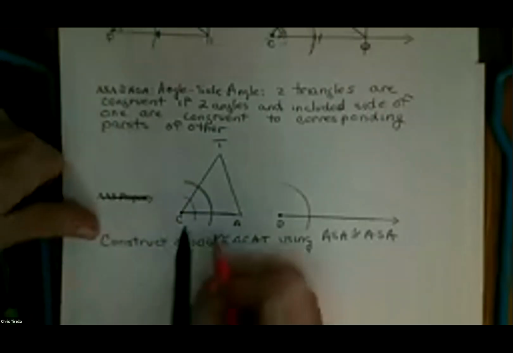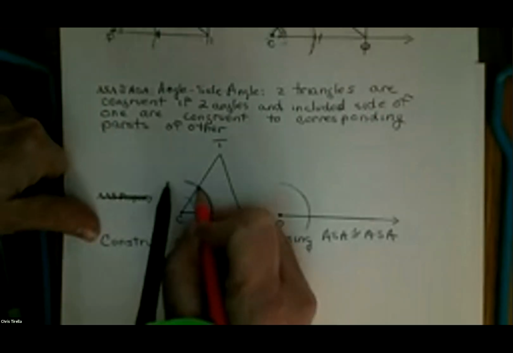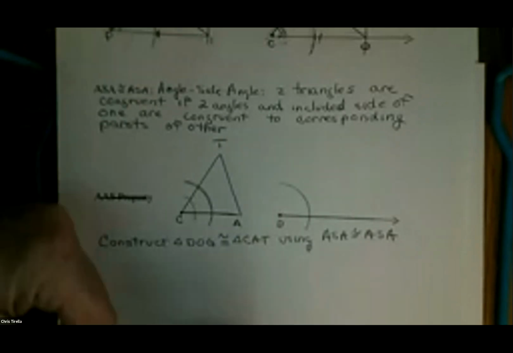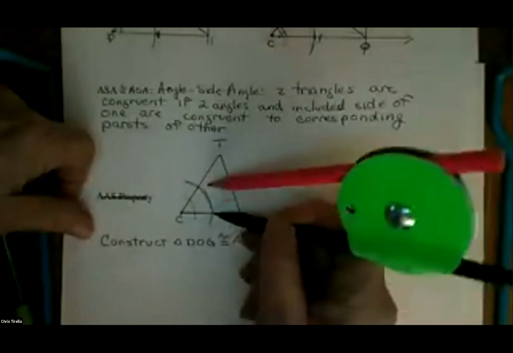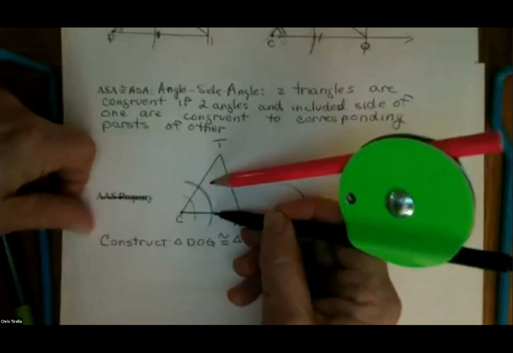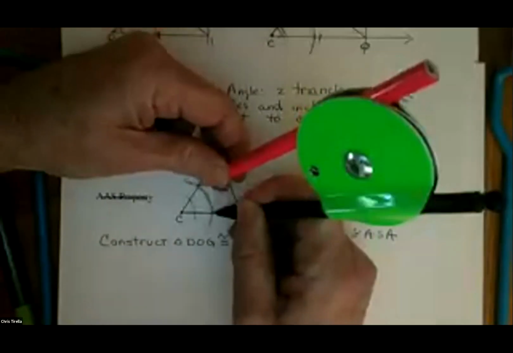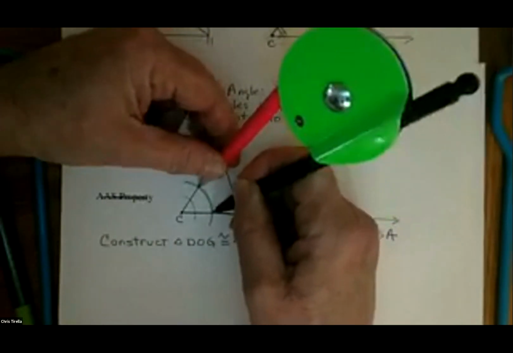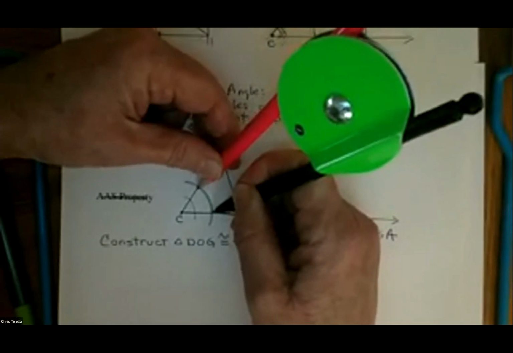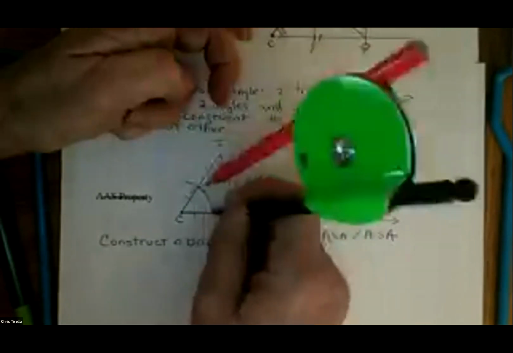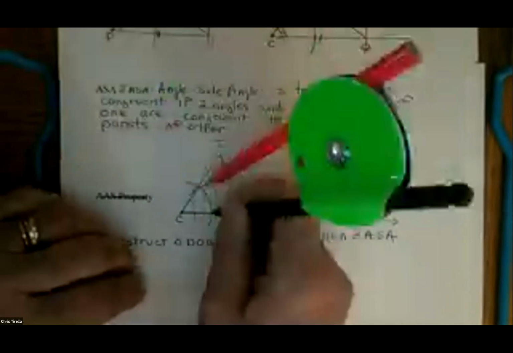And then remember we said it was important that we had 2 points of intersection. We're going to use both of those points of intersection. We're going to put the point of the compass at 1, and move our pencil so it exactly hits the other. We're going to swing an arc there.